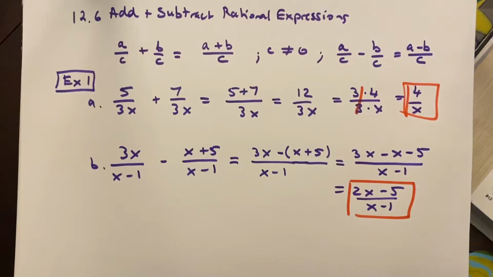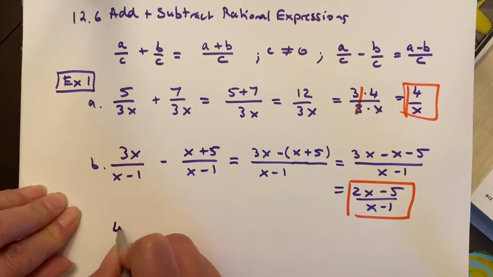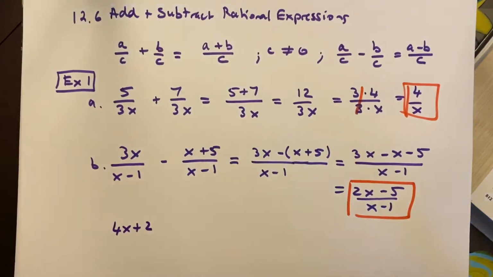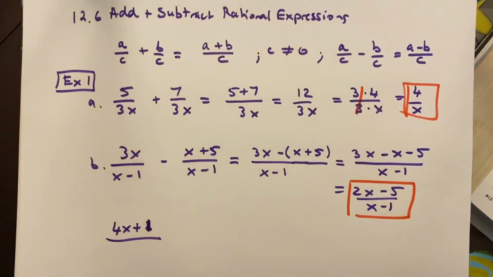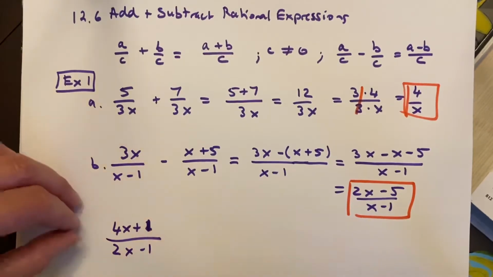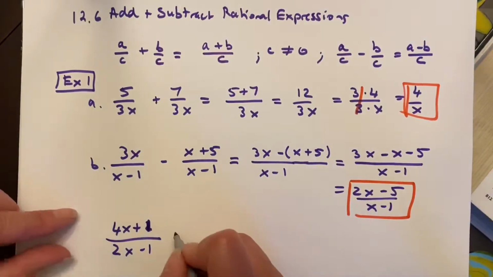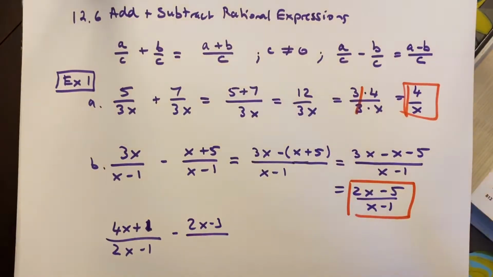So let's just try. I have 4x plus 1 on top, and this is actually guided practice number 2. So 4x plus 1 over 2x minus 1, and I'm subtracting 2x minus 3 over 2x minus 1.